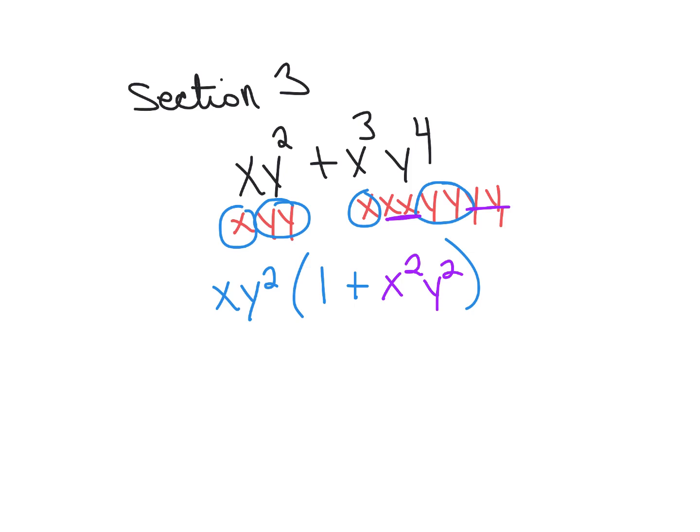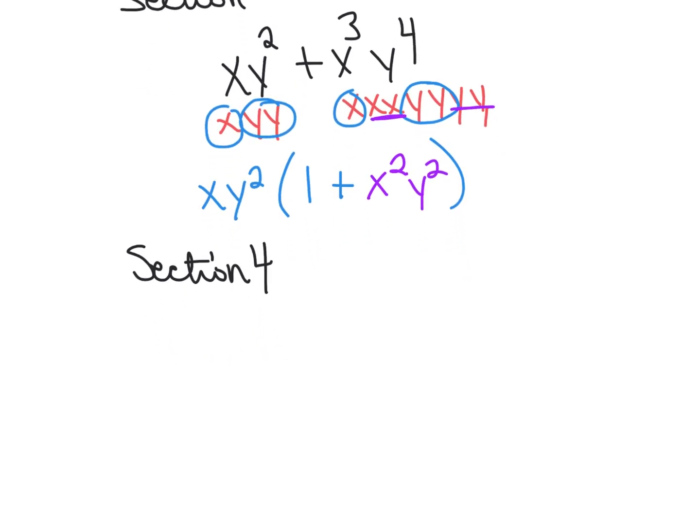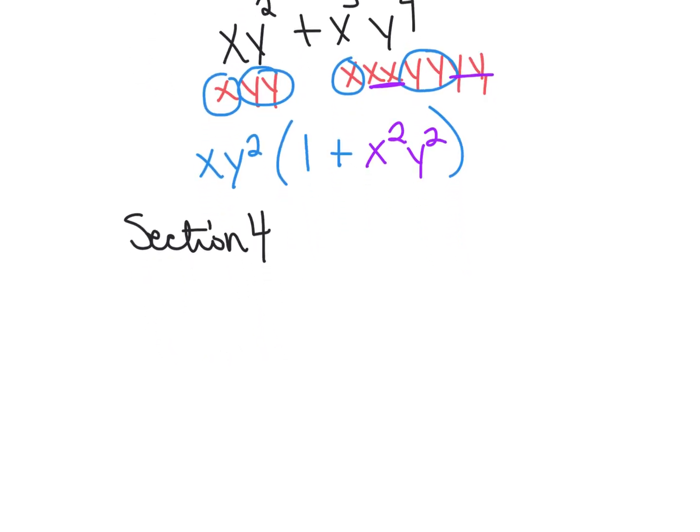The 4th section, factor completely. This is the difference of perfect squares, okay? So perfect squares. x squared minus 25.